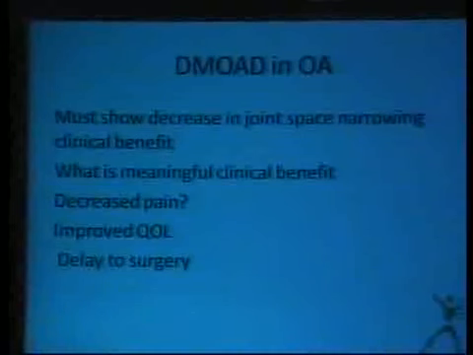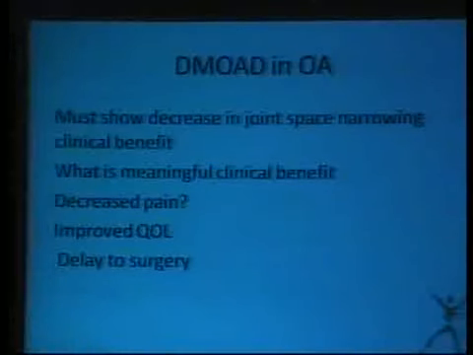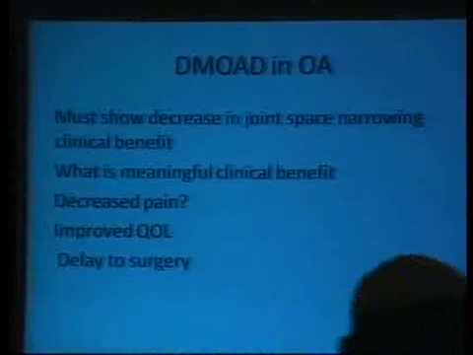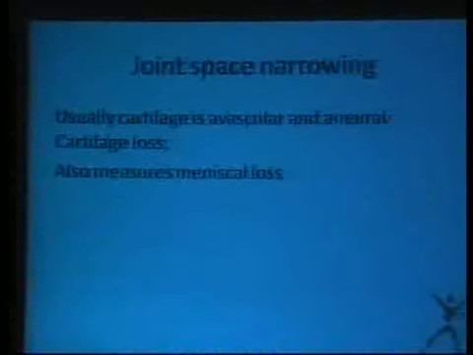It's beyond the scope of this talk. But also decrease pain, and the way we measure pain in osteoarthritis is usually through the WOMAC, or Western Ontario McMaster's scale for pain, which is a commonly used pain scale for osteoarthritis trials.